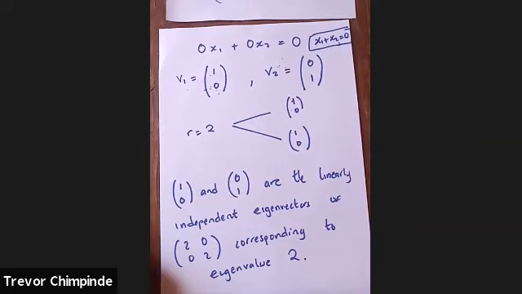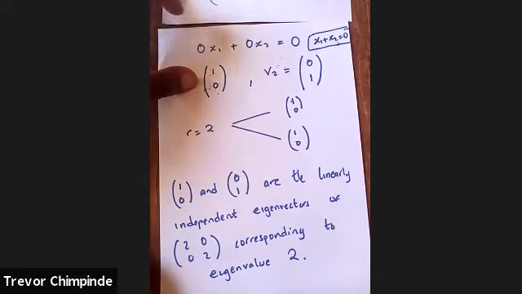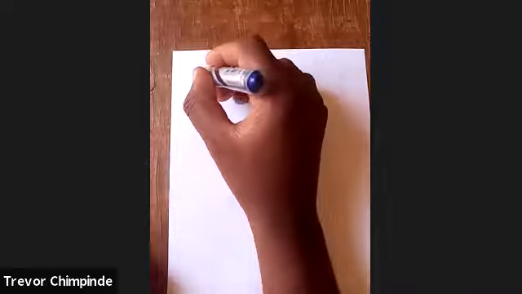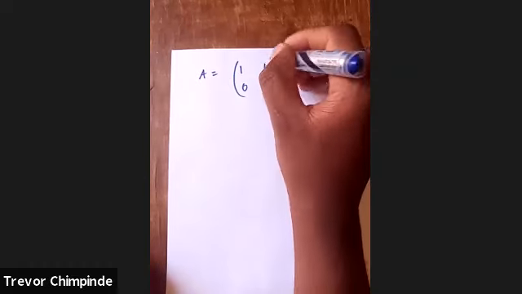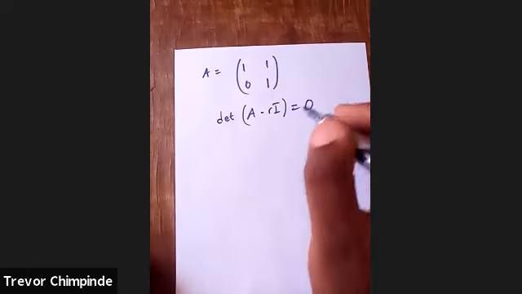Okay. So let's do the example in the tutorial where you get a 0 eigenvalue. Can you give us the matrix? 1, 1, 0, 1. So the determinant of A minus RI should be equal to 0.